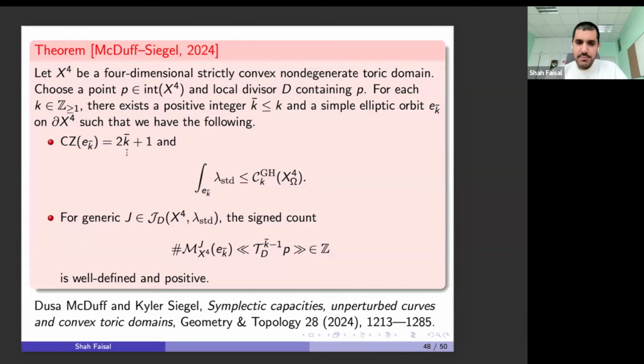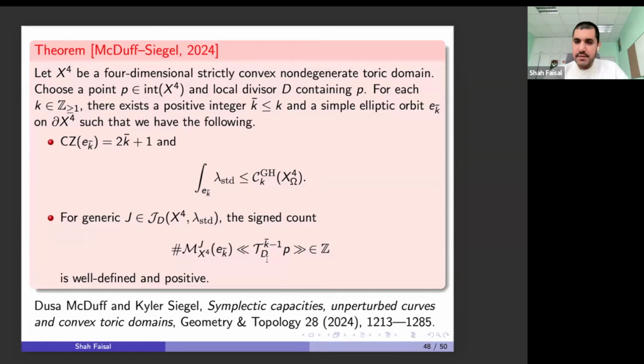The index of this simple orbit is 2k bar plus 1, and the action is at most the Gutt-Hutchings capacity. And for generic almost complex structure, the sign count of holomorphic planes asymptotic to E_k bar, satisfying this tangency constraint, is non-vanishing, and it's positive. And it's well defined, meaning that it doesn't depend on the choices of almost complex structure and the divisor D.